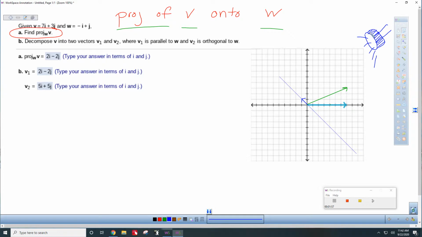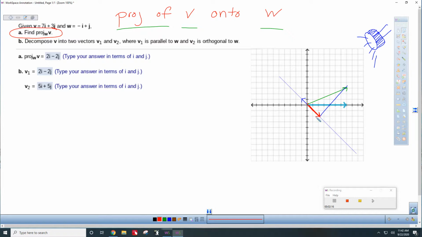If you were shining this flashlight on top of this scenario, the shadow, if it was perpendicular to the blue line, this shadow here would be the projection of the green vector onto the blue vector. Okay? It's the amount of the green vector that's traveling parallel to the blue vector. In physics, this becomes incredibly important.